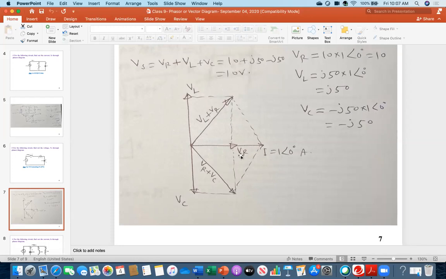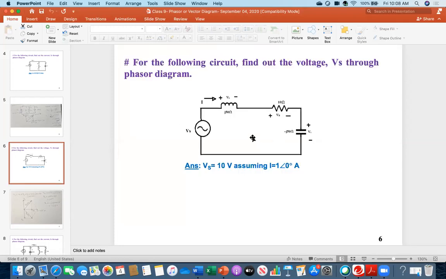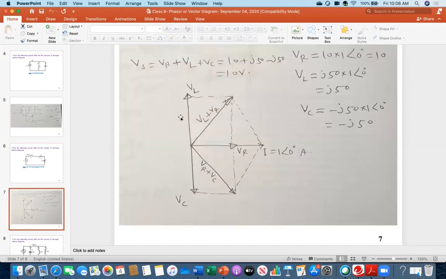This means there is a resistance component in the circuit. By looking at this one and this one, clearly you can guess there is an inductor and there is a capacitor. So just by looking at this diagram, what the reference is and what the components are, you can construct back the circuit. That is the importance of having this phasor diagram.